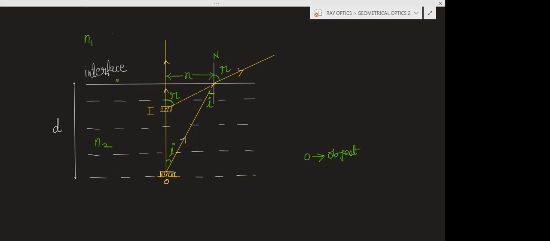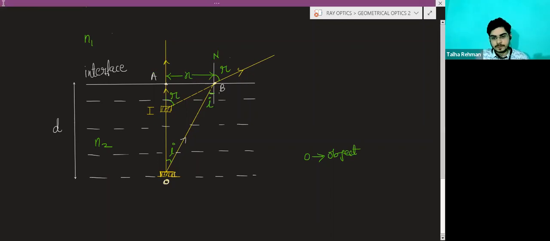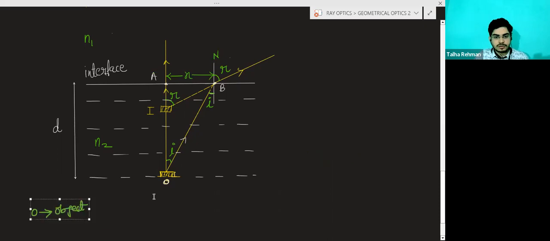And suppose this is point O, this is I, this point is A, and this point is B. Now see in triangle OAB.